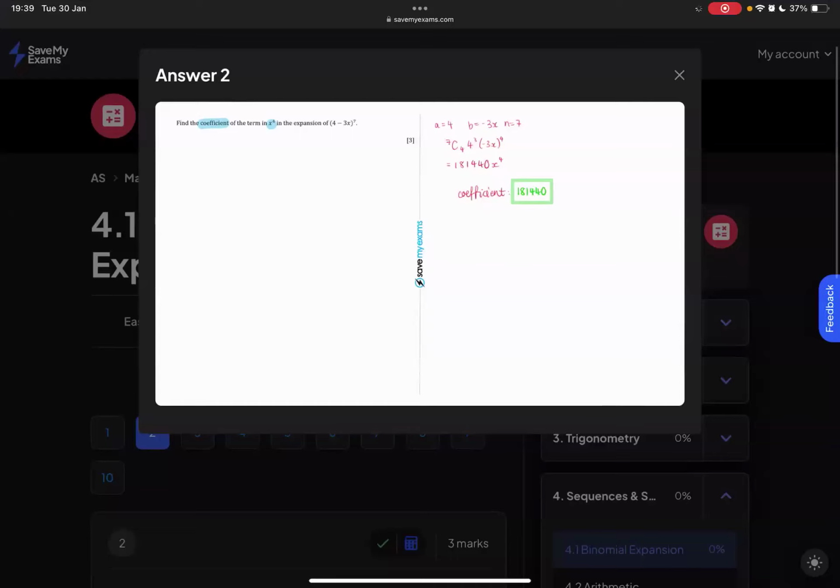I'm sending you the calculation. See here, I have sent you something on your WhatsApp. 35 times 81 times 64 is 181,444,440, and there is the same thing on the screen.